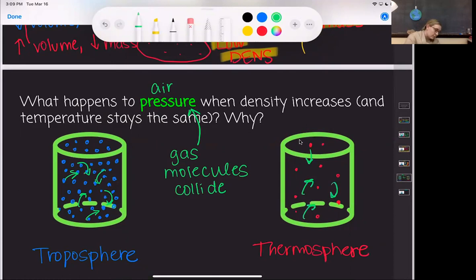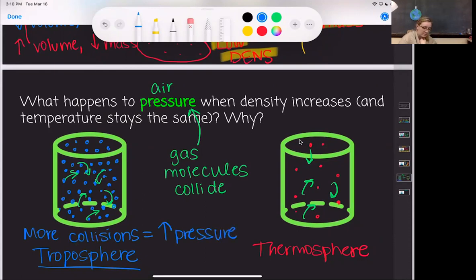Now, if you are a blue molecule over here in the troposphere, you're a blue molecule in this cylinder, and you're moving around like crazy with all these other molecules around you, are you more likely or less likely to collide? The answer is more likely. So in the troposphere, there are more collisions between molecules, which leads to higher pressure, because pressure is just the collision of molecules.